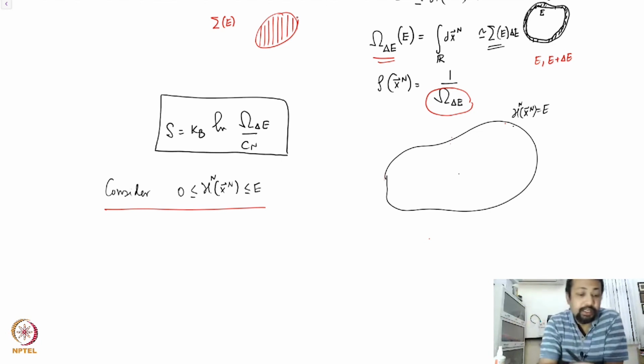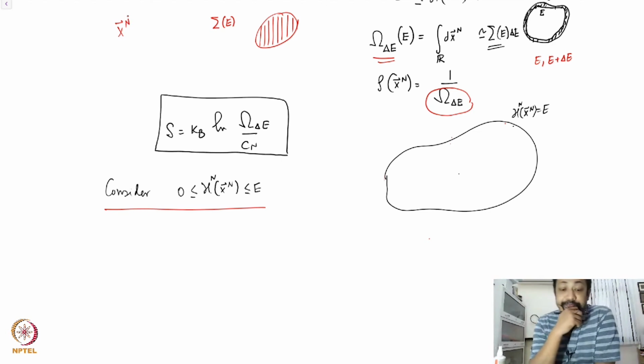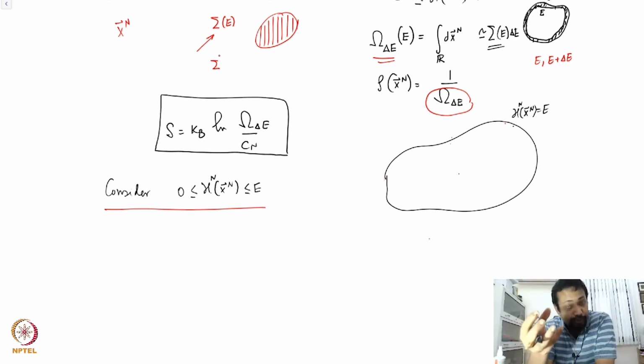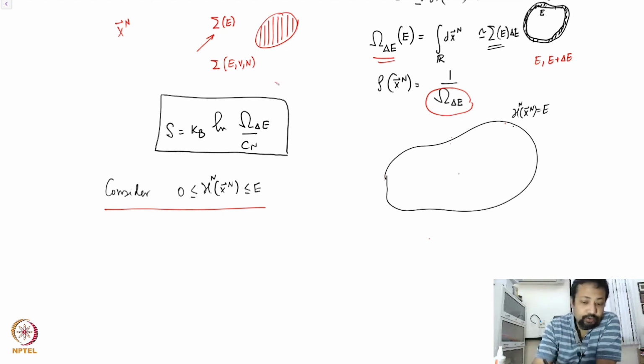What we have been calling xn as states are essentially the microstates of the system. And in principle, although we have been denoting it by E, for a hydrostatic system, for an n-particle system which physically occupies a certain volume in space and has a certain particle number, it is more explicitly written as sigma E V N, and so is omega delta E as E V N, right?